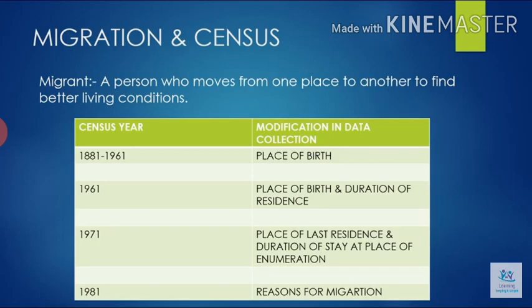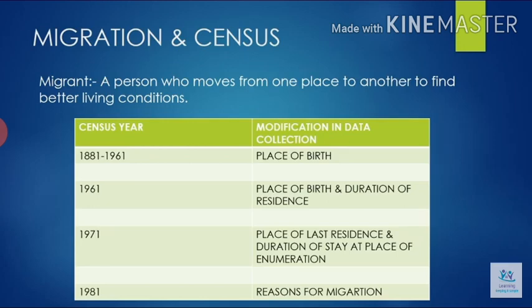Now see the table on screen. Here are some modifications related to the collection of data. The first census of India was conducted in 1881. During 1881 to 1961, the data were recorded on the basis of place of birth.